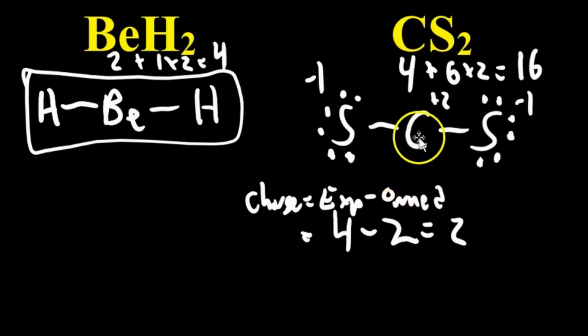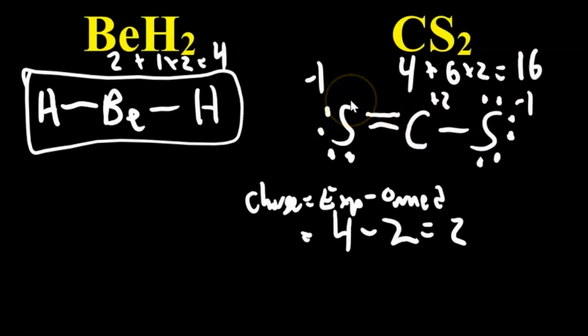So carbon doesn't have a complete octet. And the next step is that the central atom must complete an octet if it's carbon or nitrogen. So it only has 4 in its valence shell. Therefore, it needs to grab electrons from somewhere. It's going to grab electrons from these negatively charged atoms. Since these have an excess amount of charge, we'll take these 2 electrons and make a double bond.